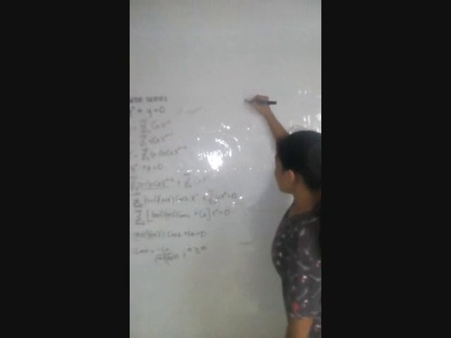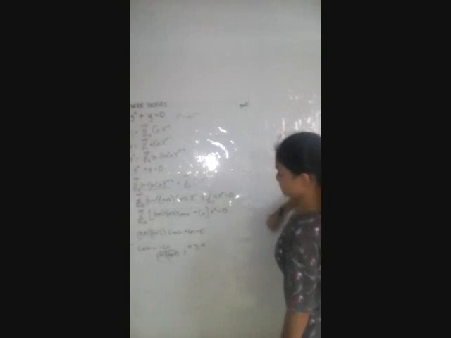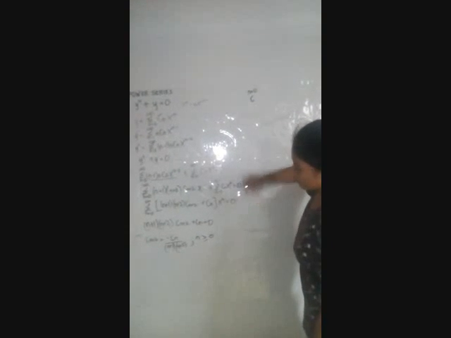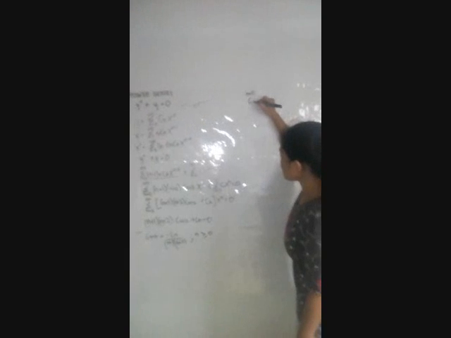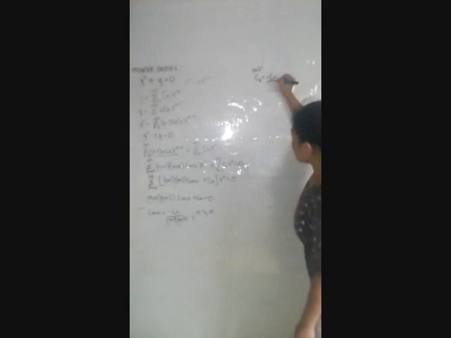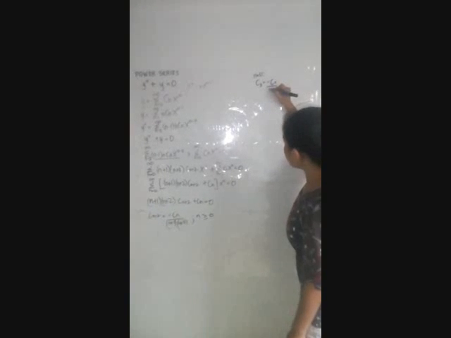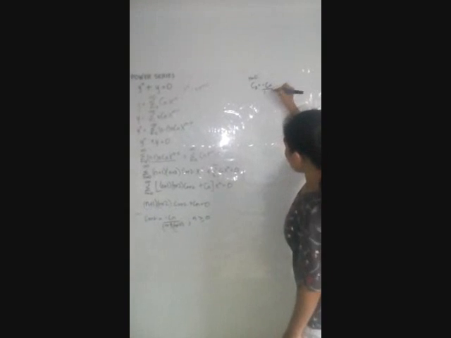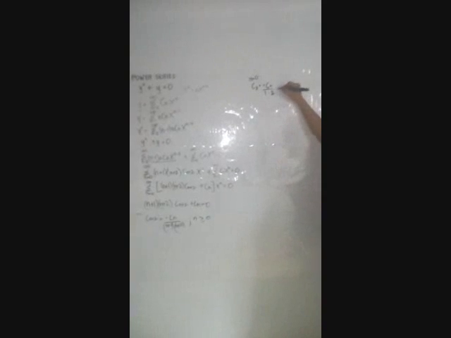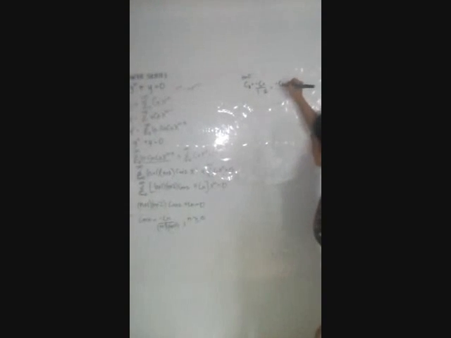Now we can substitute. First is n is equal to 0. c_(n+2), c_(0+2) is equal to c_2, negative c_0 over 1 times 2. It will also be equal to negative c_0 over 2 factorial.